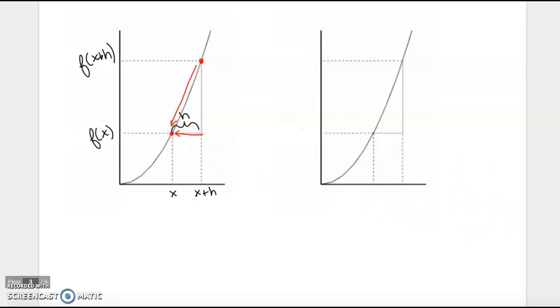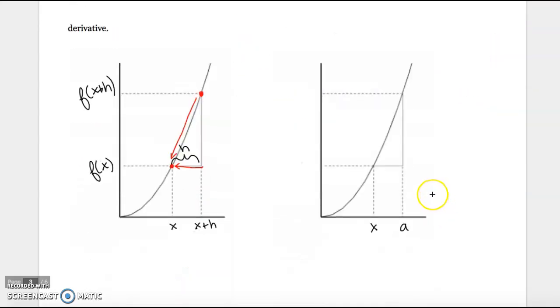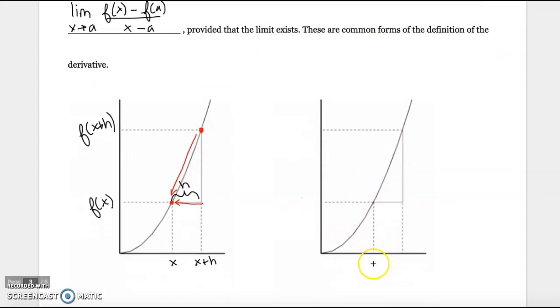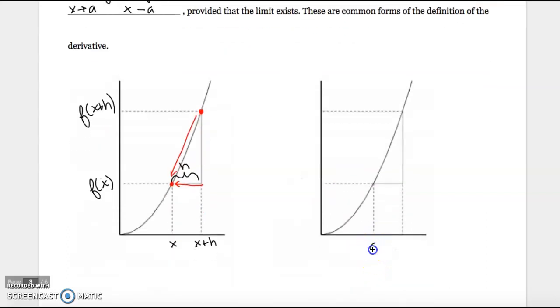The alternative form is if I had x and then I had a, right? I suppose I should flip them around here. A and then x, and then f of a and f of x.